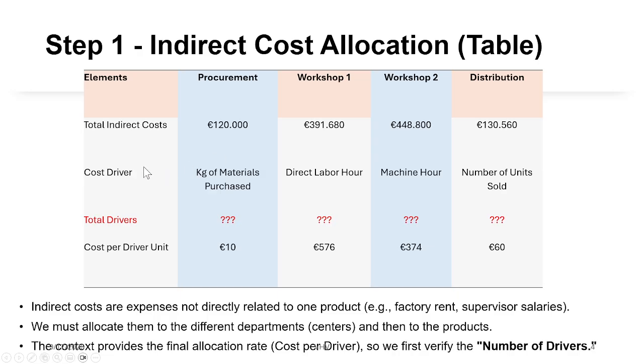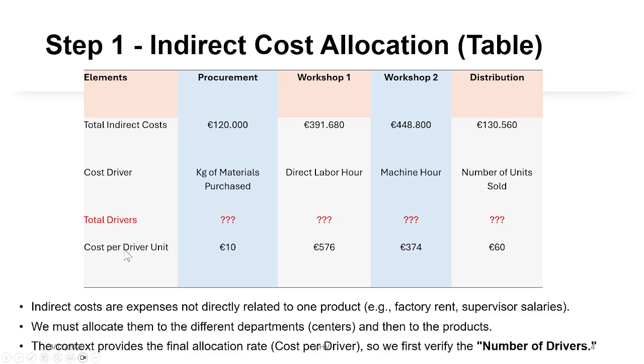We also have a designated cost driver for each center. For example, kilograms of material purchased for procurement and direct labor hours for workshop 1. Our first task is to calculate the total driver for each center. Let's do that now. Right?